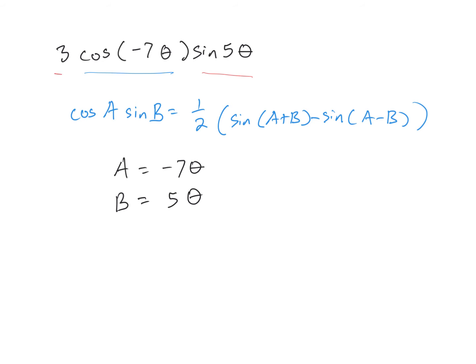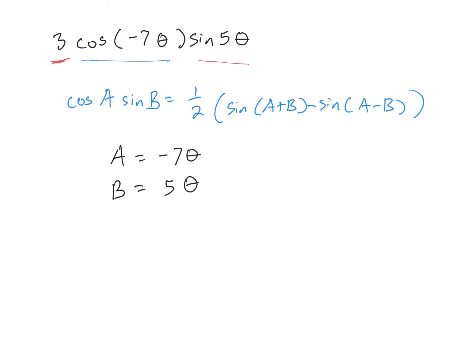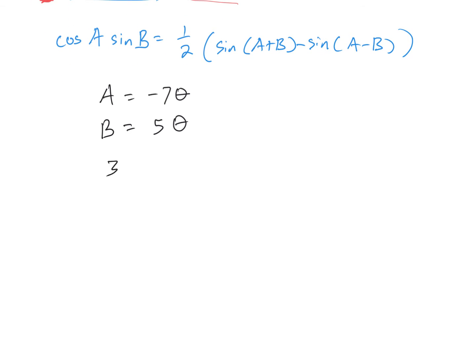Don't forget to keep your 3 in front. So this is 3/2 times sine of -7 theta plus 5 theta minus sine of -7 theta minus 5 theta.